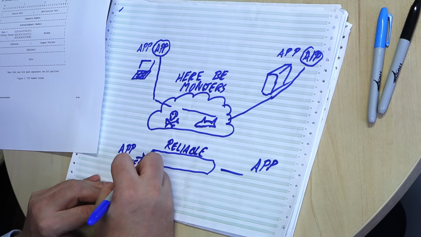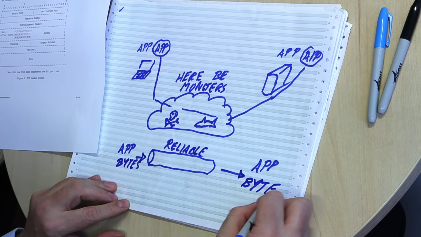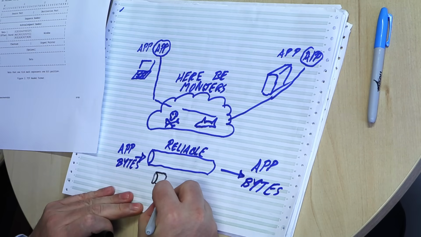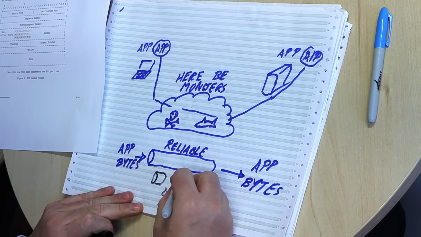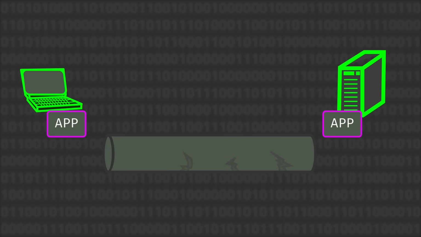So bytes in here, bytes out here. But actually, what we've got underneath is a leaky pipe, where we can have data loss, data corruption, and packets might get out of order.